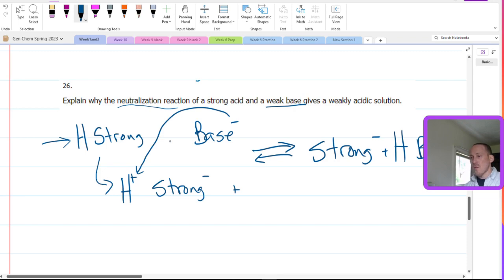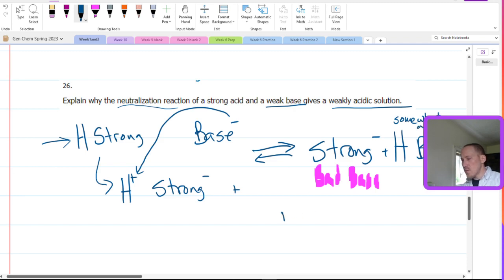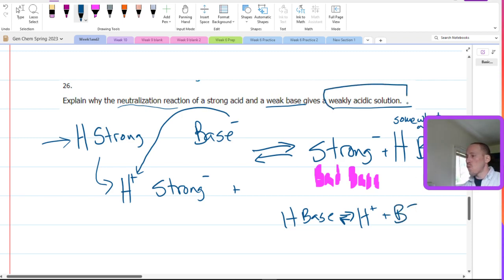From there, the reason that we're going to get a weakly acidic solution is because strong minus is a bad base, but this weak base is somewhat of an acid, meaning that now H base can go ahead and give that proton away too, to some extent, reversible to some extent. So since it's doing that to some extent, we end up with a weakly acidic solution.